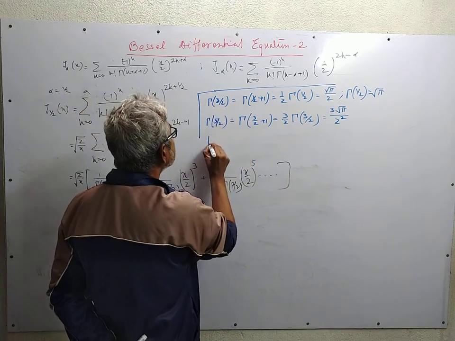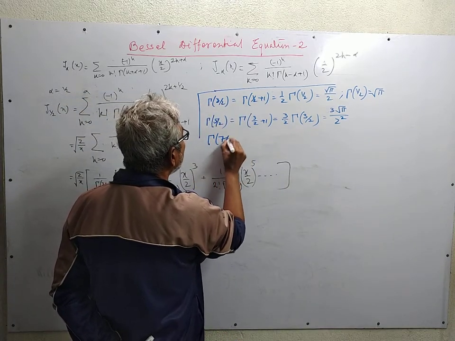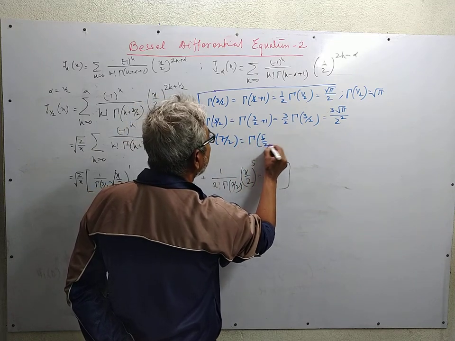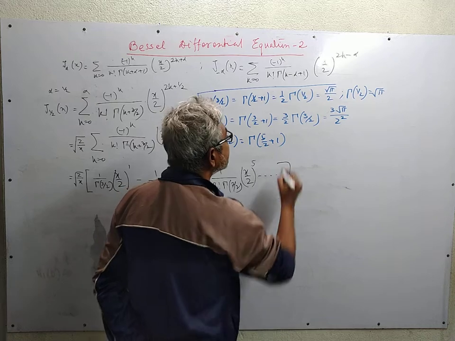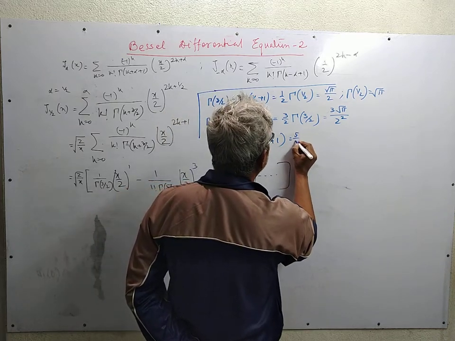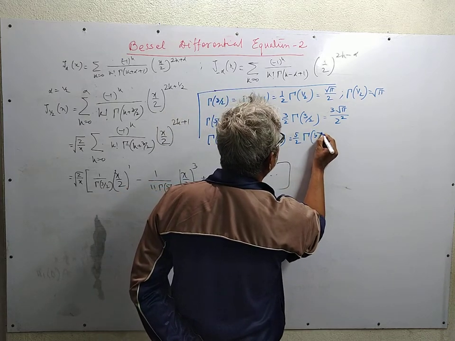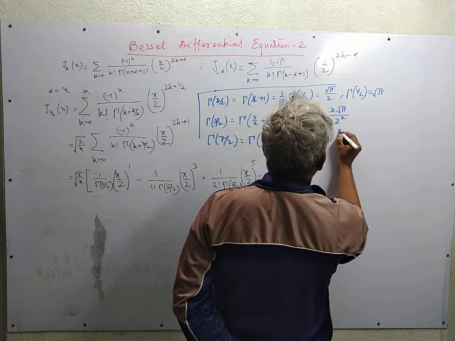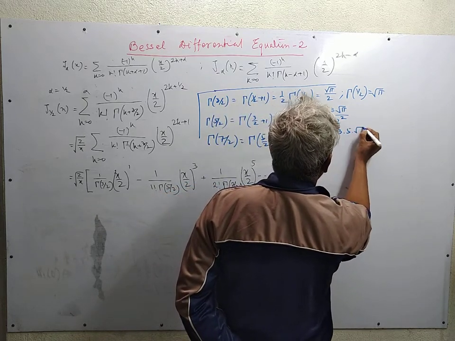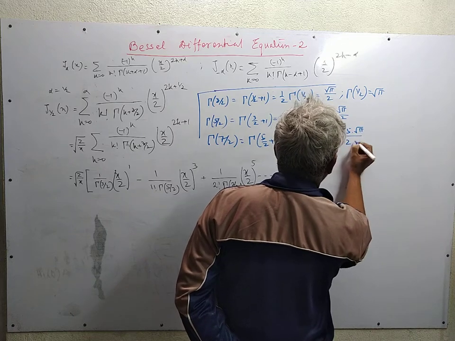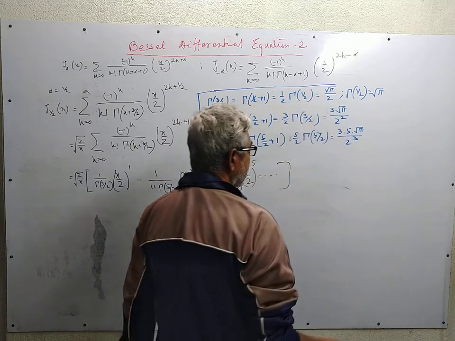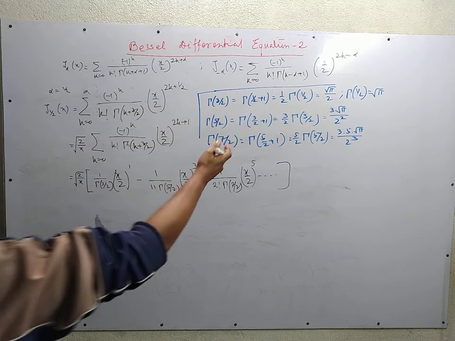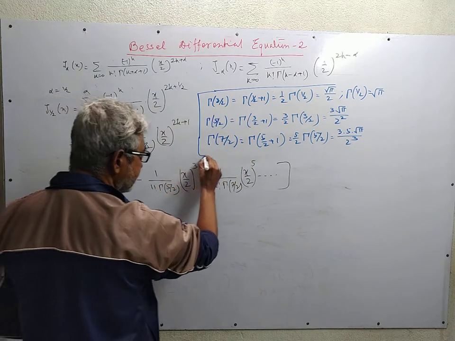Coming to gamma of 7 by 2, this is gamma of 5 by 2 plus 1, so this is 5 by 2 gamma of 5 by 2, and gamma of 5 by 2 is this, so this is 3 into 5 root pi by 2 cube. So other higher gamma functions can be obtained, and the generalization is very obvious.